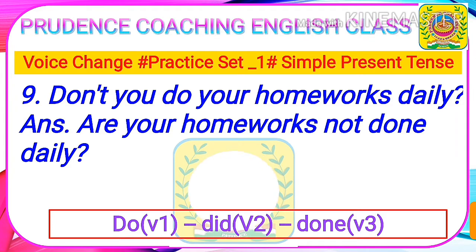As you can see, this is an interrogative sentence, and here the verb which has been given to us is don't do, which is in the simple present tense, and the sentence has the subject you and the object your homeworks. So as this sentence is given in active voice, our first task is to just swap the subject and object.